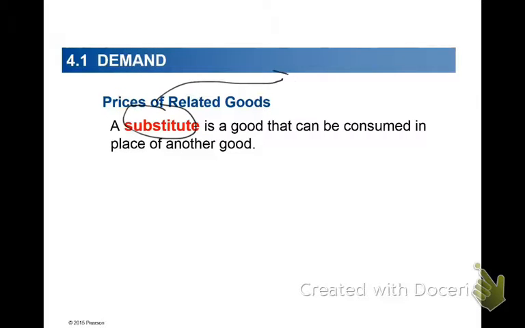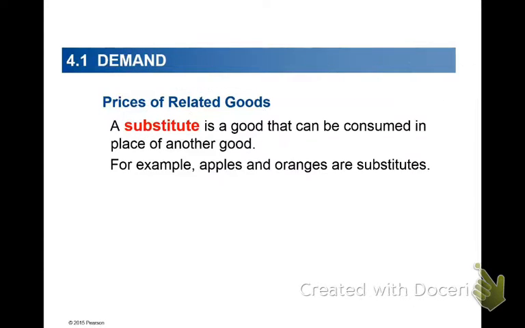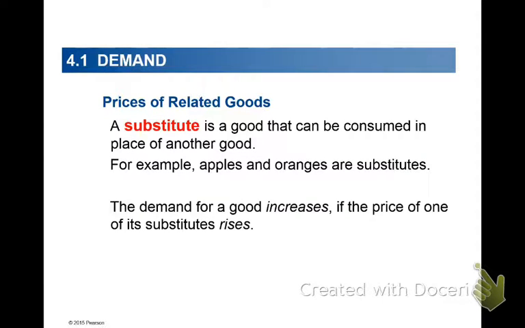An example of a substitute good could be Coke and Pepsi, right? Unless you are a big Coke or Pepsi fan, to you they are virtually the same, and they have the same color, same price. So these are examples of substitute goods. Also, there are examples like oranges and apples, which I don't think is a good example.